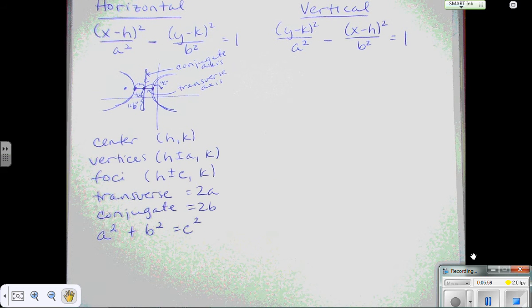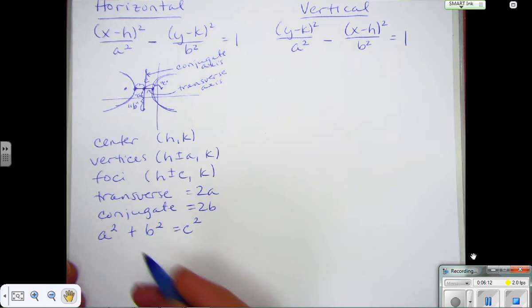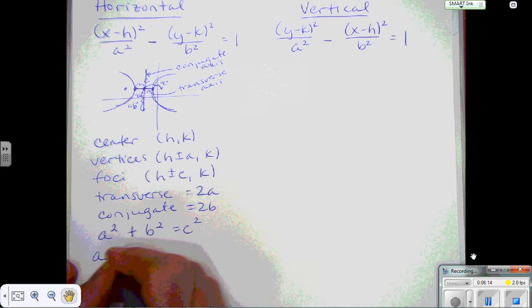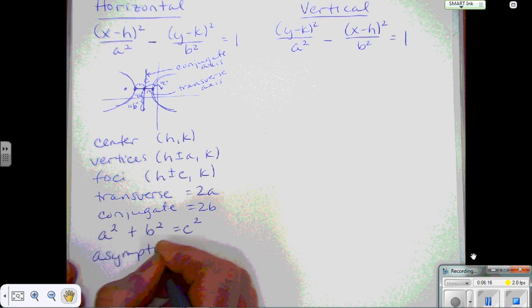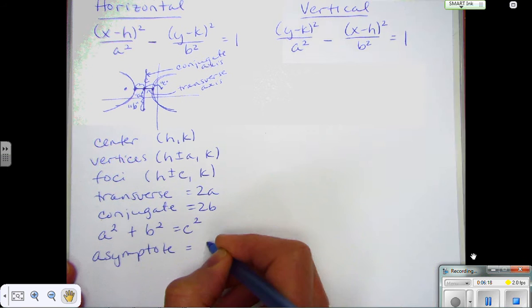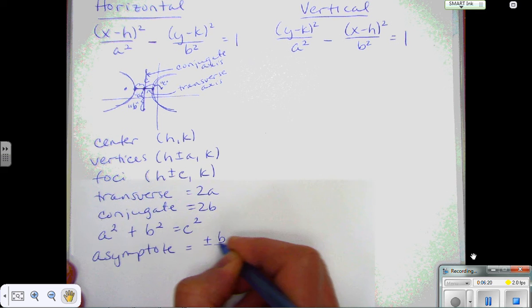One thing that you use to help graph hyperbolas is the asymptotes. You get the slopes of the asymptotes, when it's horizontal, by plus or minus b over a.